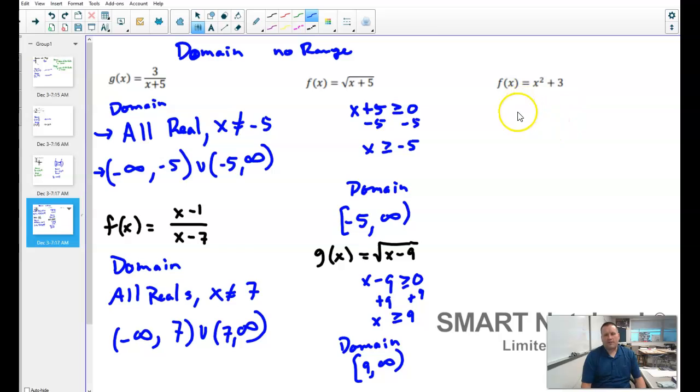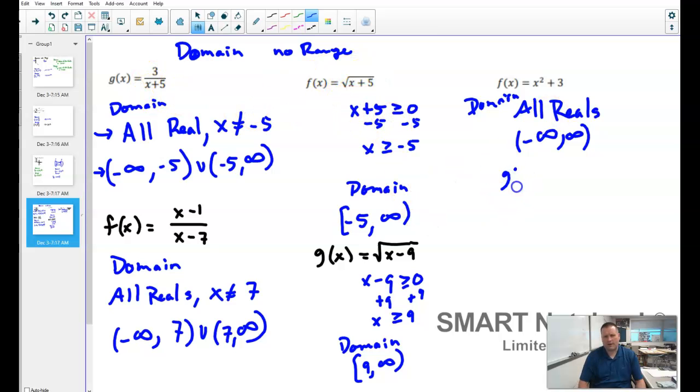Everything else is all reals. So notice how this is just x squared plus 3. This is not a square root and it's not a rational, so it's all reals. Or we can put it as negative infinity to infinity for my domain. So my domain for anything that's not a rational or a square root that I just saw in these other ones is all reals.